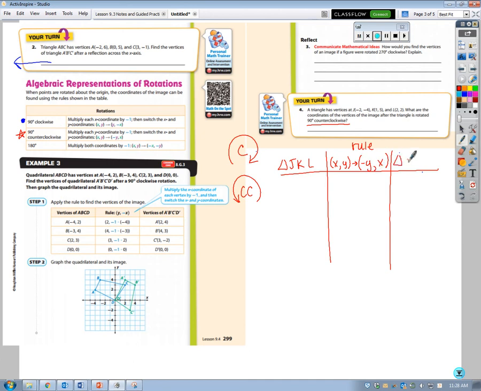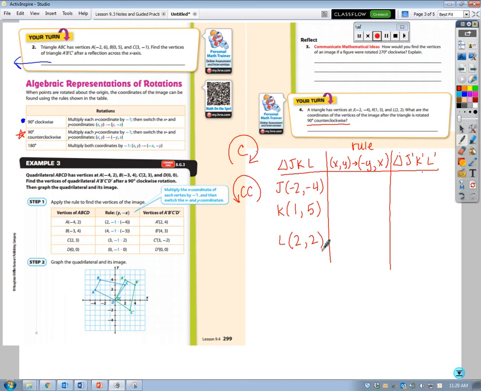And then this will be triangle J prime, K prime, L prime. So I'm going to write my coordinates down in here. For J, my original is (-2, -4), excuse me. K is (1, 5). L is (2, 2).